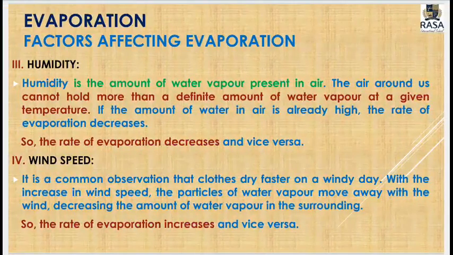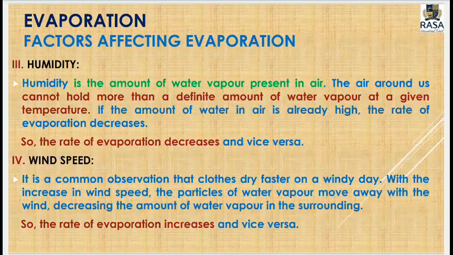Now the third factor is humidity. What is humidity? First we have to understand how we can relate humidity with the rate of evaporation. Humidity is the amount of water vapor present in air. Humidity क्या है कि कितने water vapor के content air के अंदर present हैं.